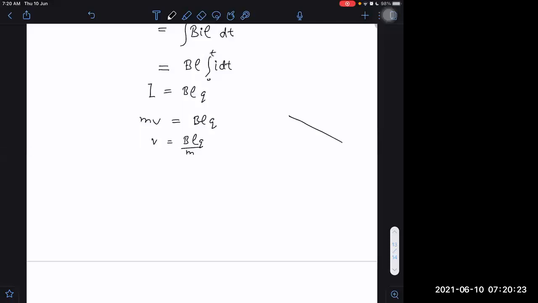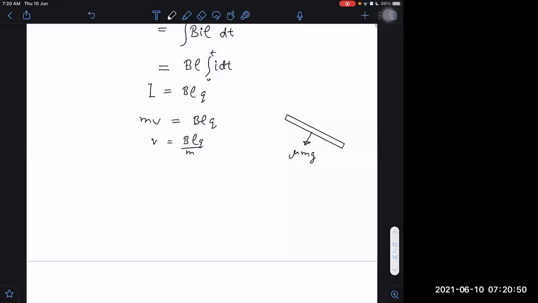What will happen due to this gained velocity? It depends on the situation. There may be a situation where it is kept on a surface having friction, so friction will act backwards.